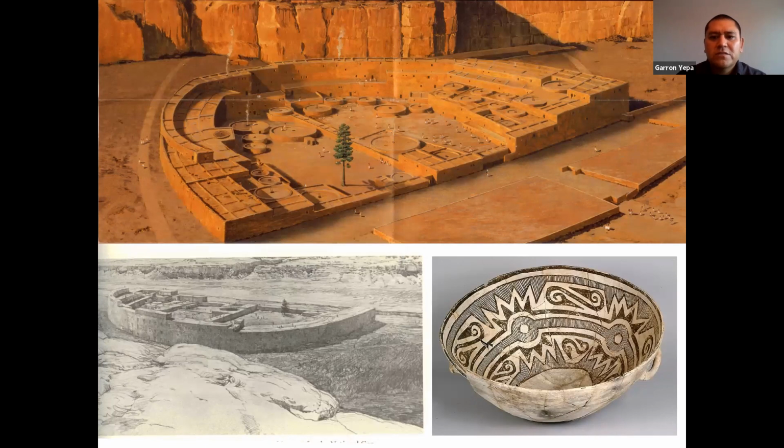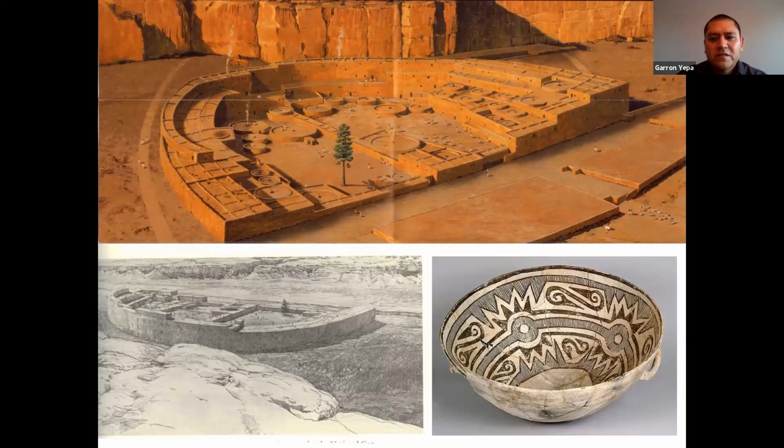So the Chaco construction by the ancestral Puebloan cultures began in 800 Common Era and lasted more than 300 years. There are 150 great houses built throughout the region of this Chacoan center, and they exhibit activities like commerce, trading, and ceremony.